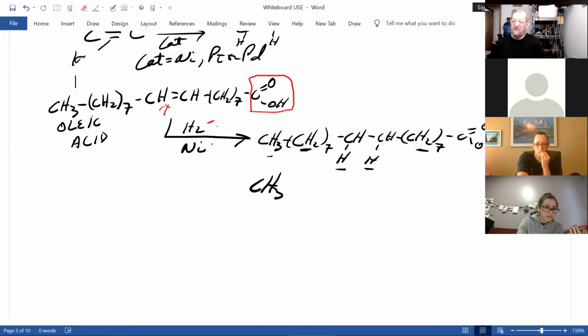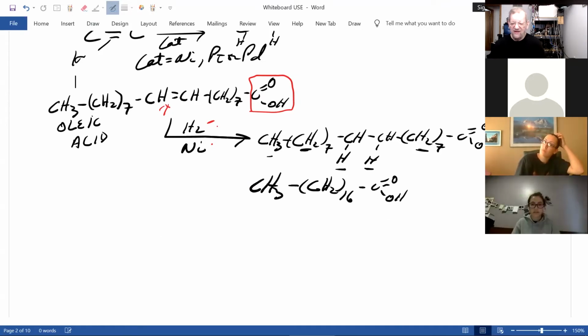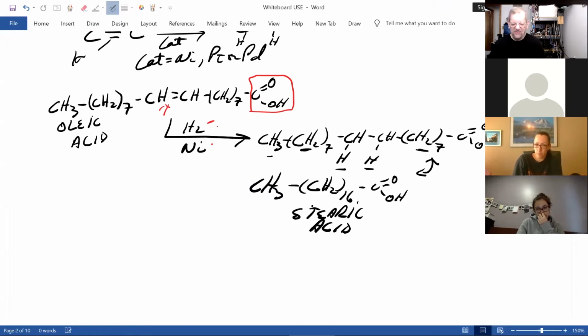So 7 plus 7 is 14, plus 2 more is 16. And then I have my carboxylic acid, and these are the same molecules. And what is this? You should know that's stearic acid. So if you take oleic acid, hydrogenate it, you get stearic acid.